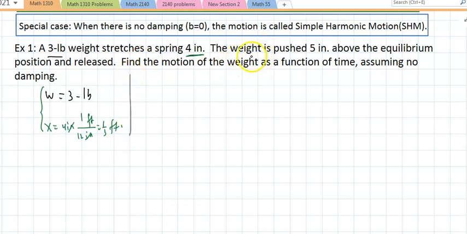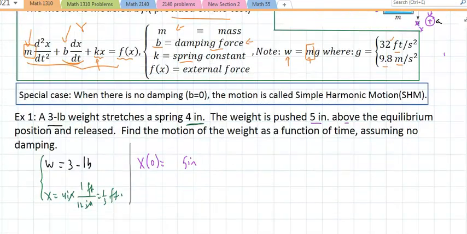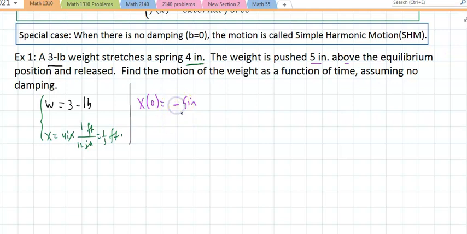Now we look at the second part. The weight is pushed 5 inches above. So initially, I'm going to take this weight and push it up 5 inches. And if you recall, coming down is positive, so going up is negative. And again, I need to convert that.